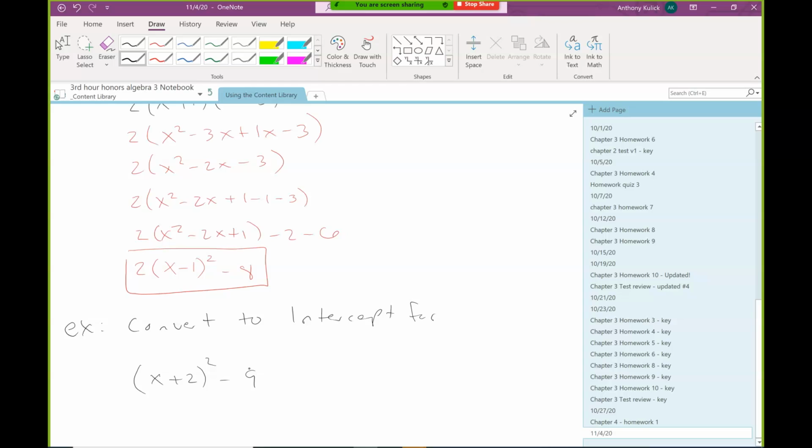Okay. So what if we want to write this in intercept form? Where are we currently located? Vertex form. So to get to intercept form, we're first going to have to expand to put it into standard form, and then factor to get it into intercept form. Very good. Okay, so let's start expanding.